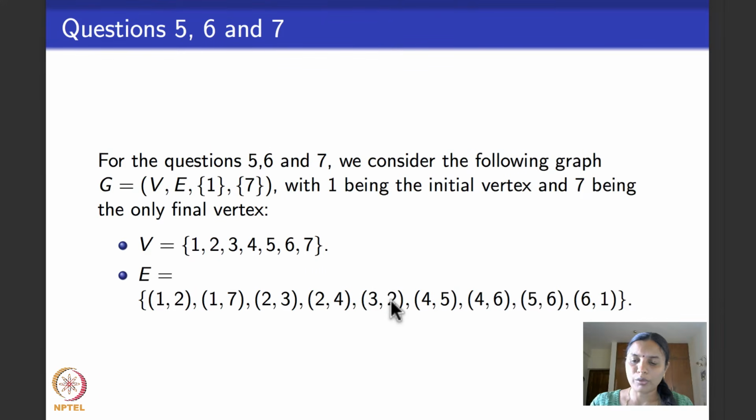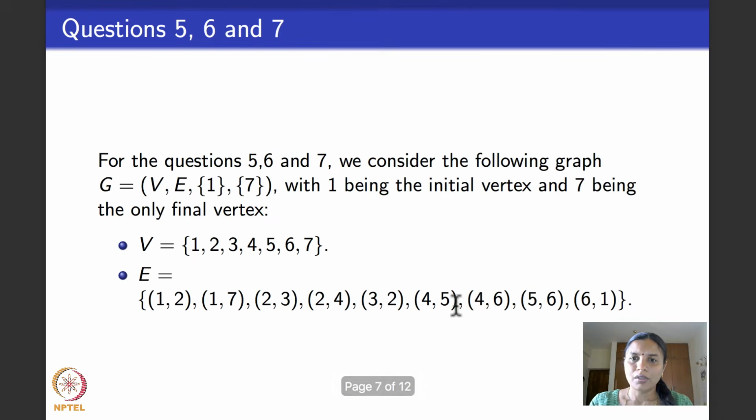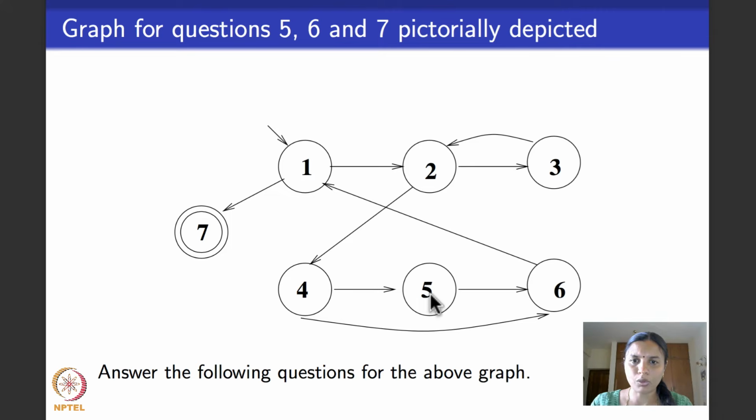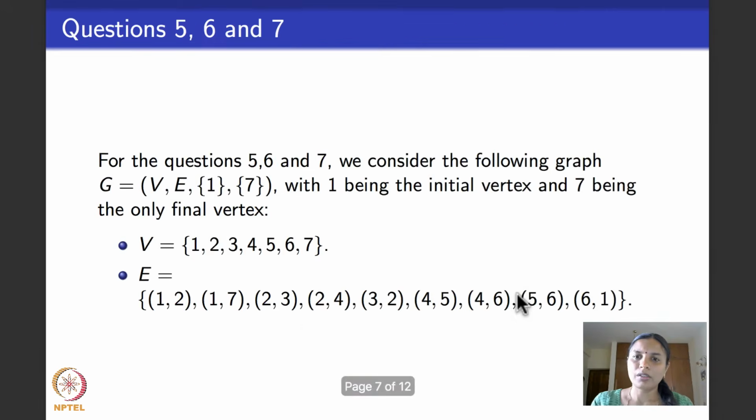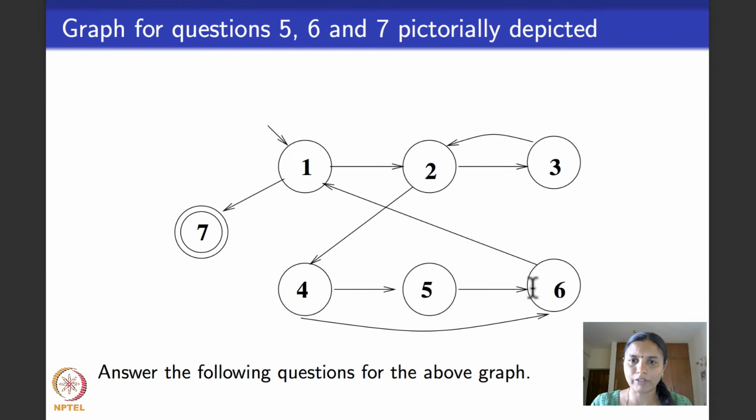Only 1 edge going out of 3, which is from 3 to 2. 2 edges going out of 4, to 5 and to 6, so 4 to 5, 4 to 6. 1 edge going out of 5 to 6 and 1 edge going from 6 to 1. So here is 1 edge going from 5 to 6, 1 edge going from 6 to 1. So I think we've captured all the edges here. So this is the graph that is the same as this but drawn. So now let's go ahead and look at the questions that were asked about this graph.